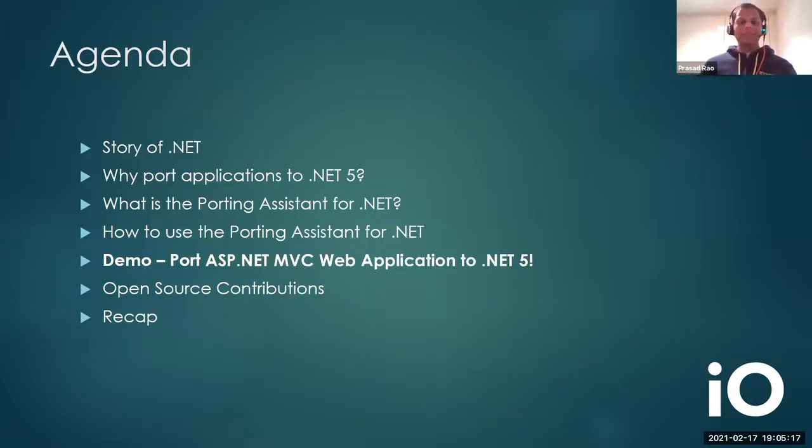And then we'll actually spend the majority of the time in this session going through the demo, where I'll take an existing ASP.NET MVC application that is leveraging Entity Framework 6, and I'll convert it over to .NET 5 and use Entity Framework Core 5.0. And then we'll recap with some final thoughts.